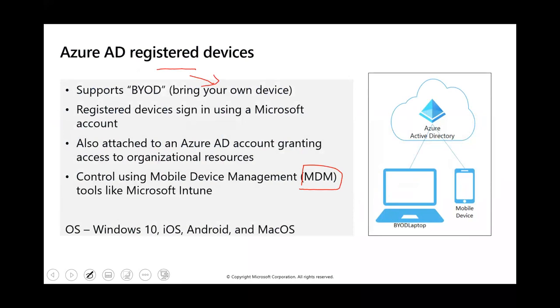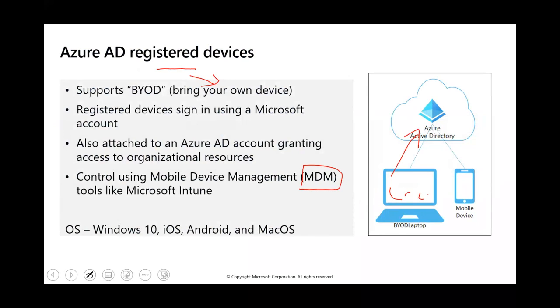So that's the way you can do it. In this case, for example, you just connect to your computer with your local admin and password, and then through a browser or something, you connect to the Azure Active Directory. So you don't log on with the credentials of your Azure Active Directory. You log on with your local information.